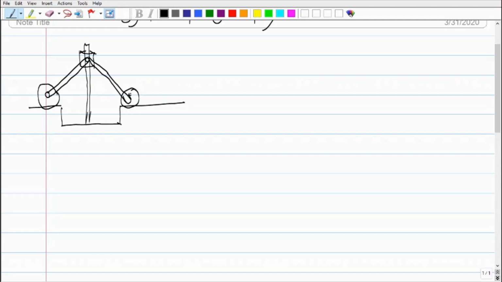Okay, and there's also a spring here. This collar is not frictionless, which means as this collar moves up and down, a constant friction F is acting.